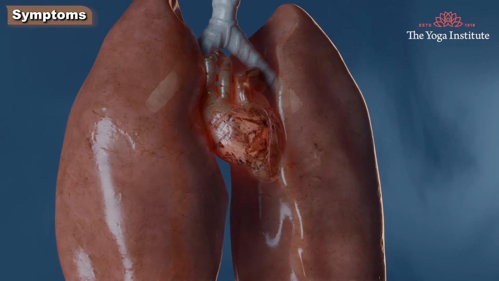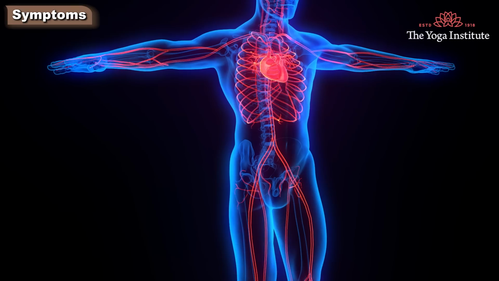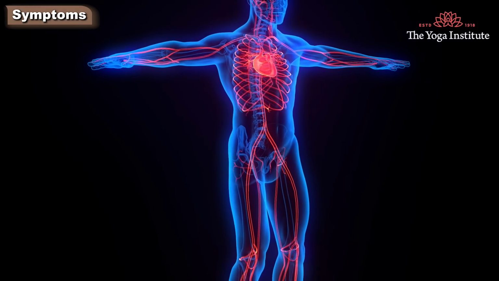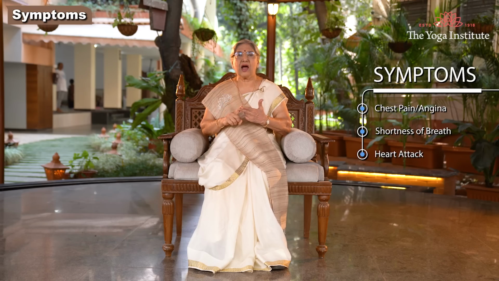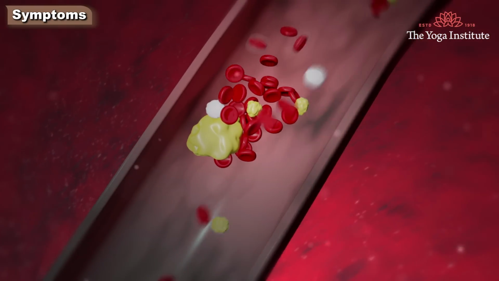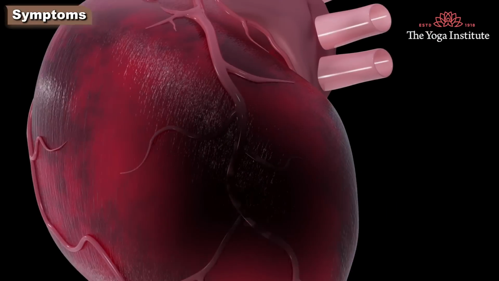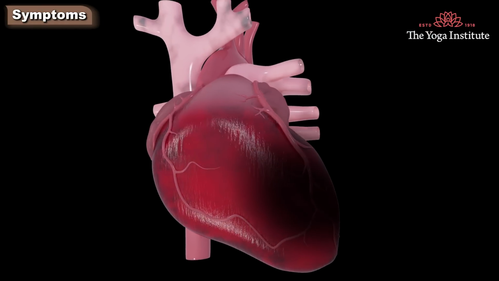Second, shortness of breath. If the heart can't pump enough blood to meet the body's need, a person may develop shortness of breath or extreme fatigue during activities. Third, heart attack. A completely blocked coronary artery will cause a heart attack.